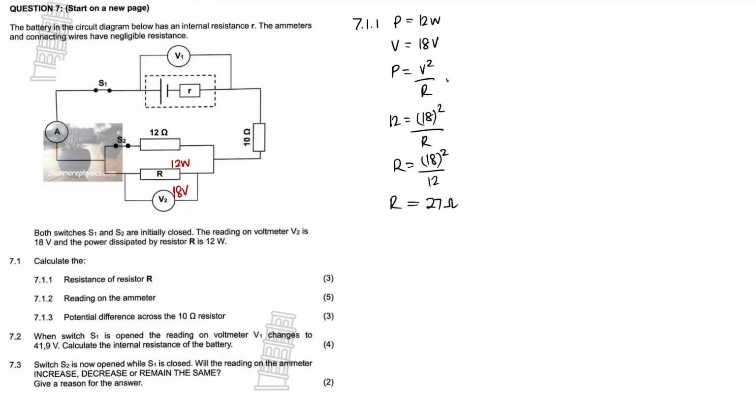You'll get a mark for the formula, a mark for substituting, and a mark for your final answer with the correct unit. So I'm going to write that in here, 27 ohms.